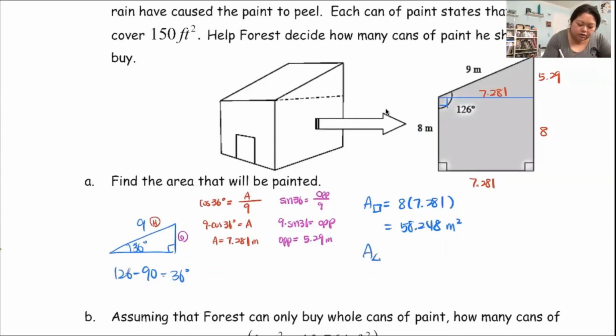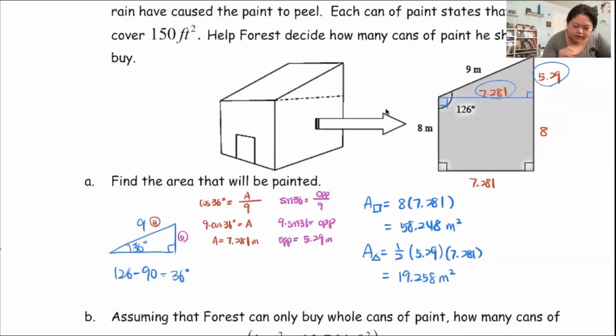For the triangle, I have 1/2. The base and the height is what makes 90 degrees, so base and height, both of these. So 1/2 times 5.29 times 7.281. That gives me 19.258 square meters.